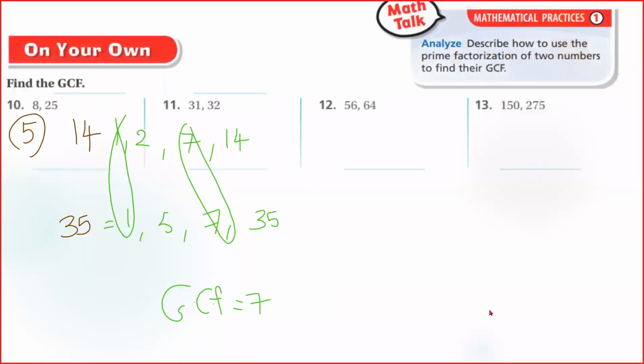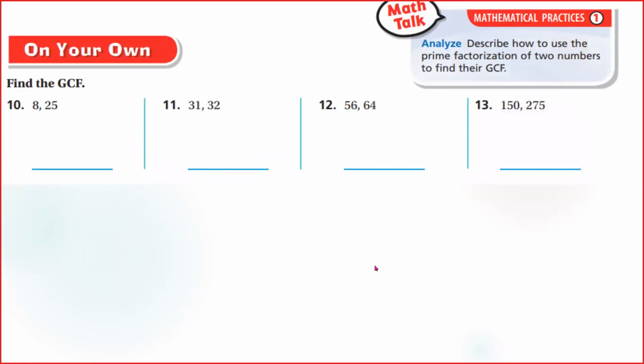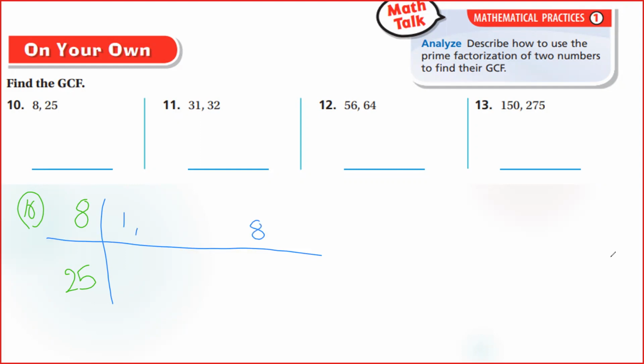Now, number 10. Juri, you want? Okay, Juri. Number 10. Here we have 8 and 25. What are the factors of 8? 1 and 8, 2 and 4.